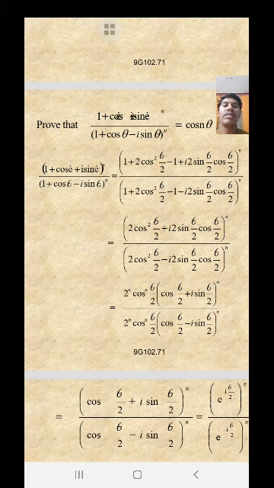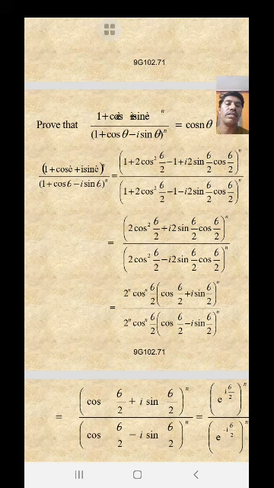So for cos theta, we can write 2 cos square theta by 2 minus 1, plus i into sin theta. Also we can write 2 sin theta by 2 into cos theta by 2. This is also from sin 2 theta, which we can write as 2 sin theta cos theta.